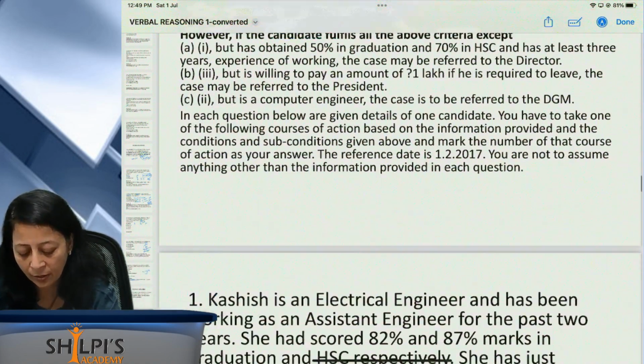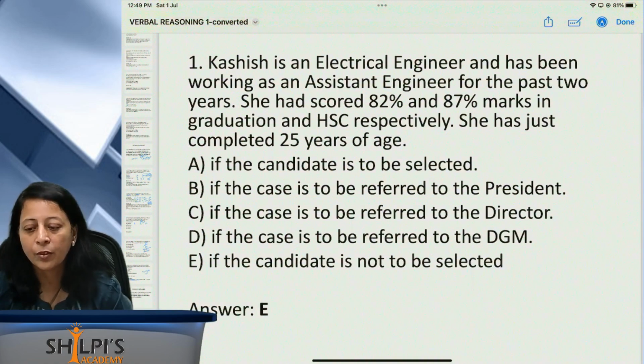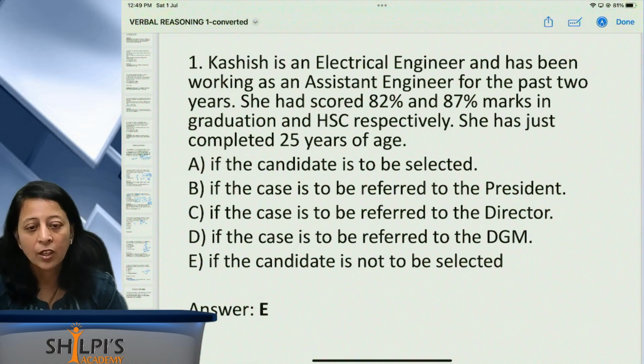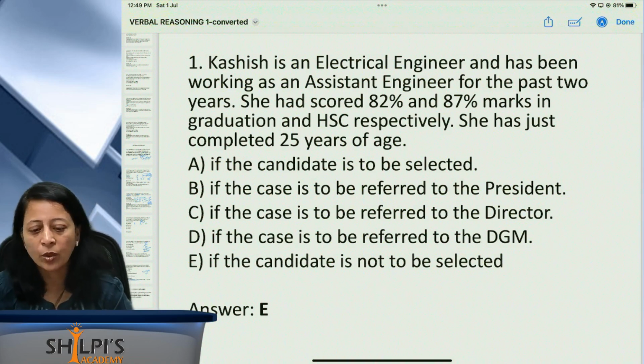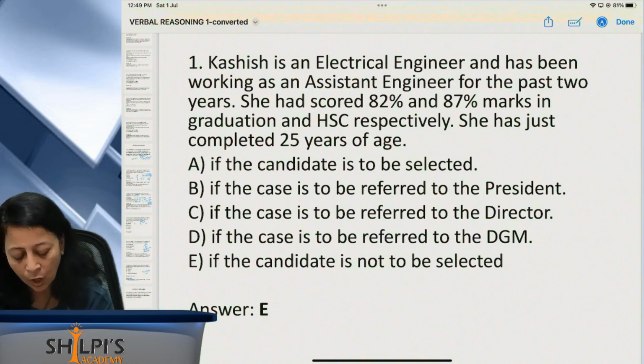Just see, this person is an electrical engineer. For a software company, you need a person who has done an engineering degree in the software field, not an electrical engineer. So this candidate cannot be selected. So that will be your option.